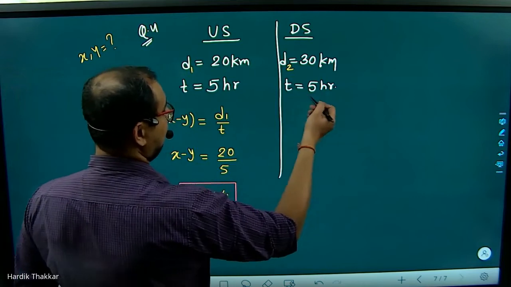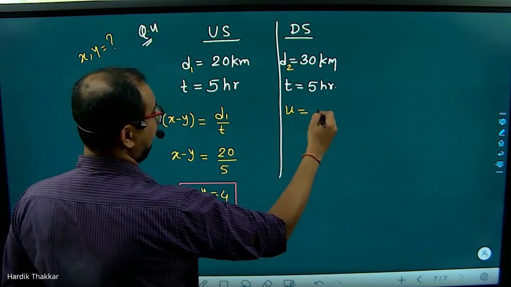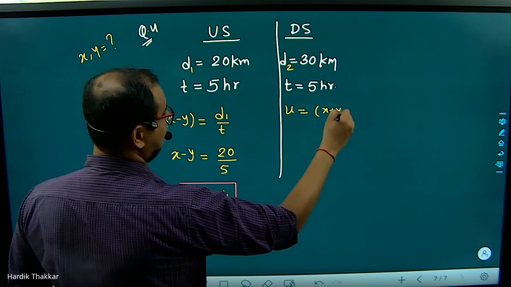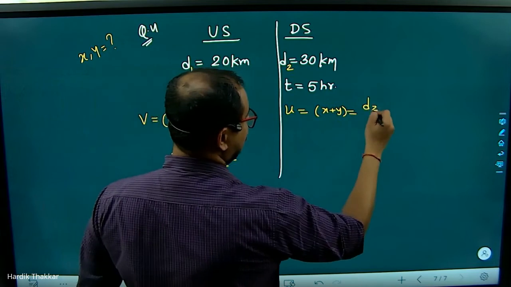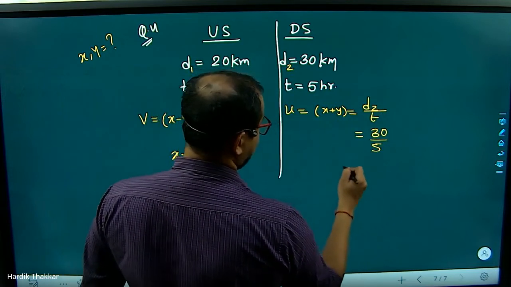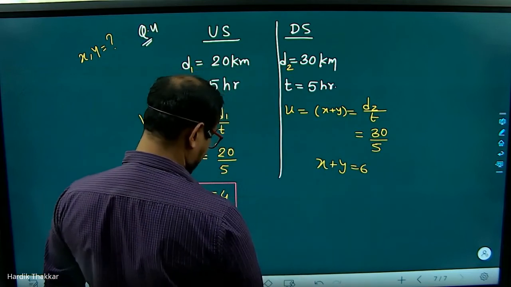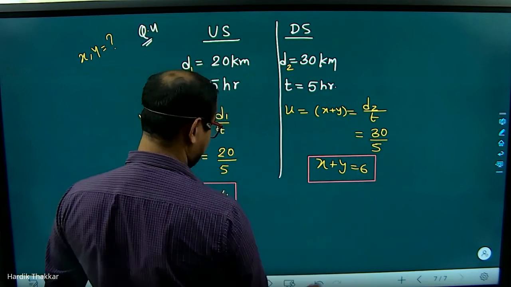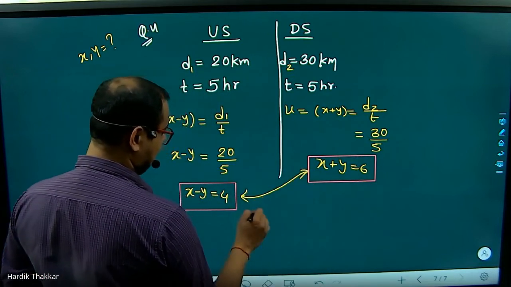Similarly, for downstream, you can consider u or simply x plus y. This is your speed, that is equals to distance upon time. So x plus y is equal to 6. Now consider this as second equation. Now solve these two equations and you will get x and y.